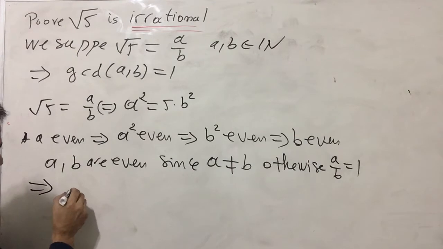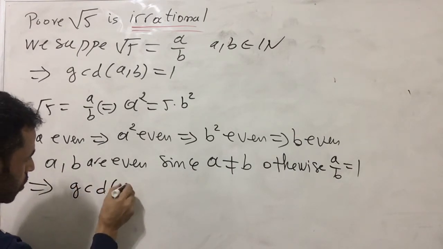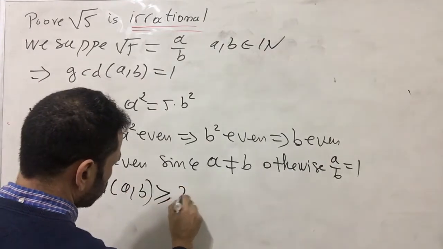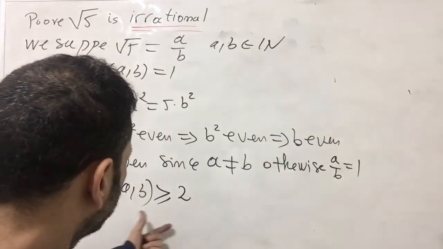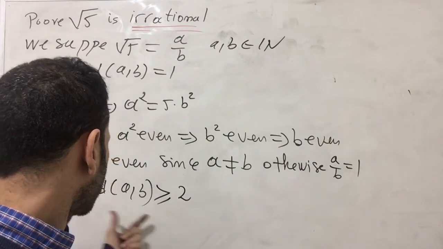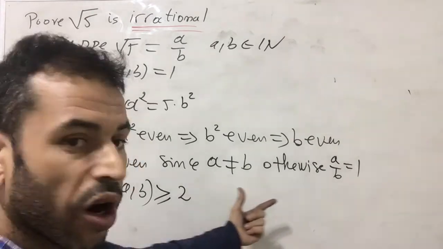So this implies the GCD, greatest common divisor of a and b, is greater than or equal to 2. In other words, a and b share the number 2 as a common divisor because they are even.